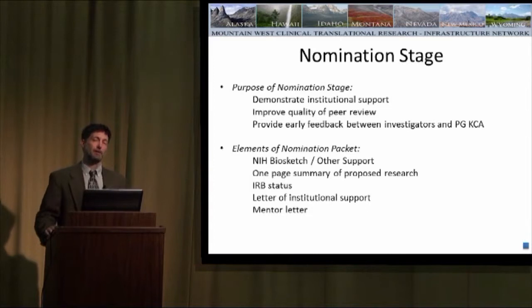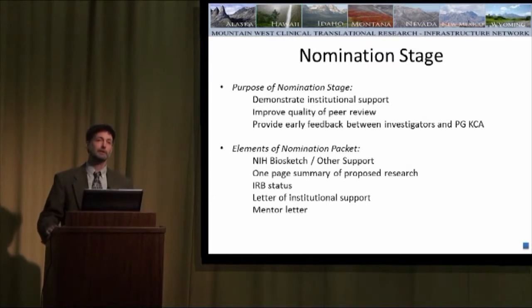So a little bit more on this nomination stage, which, as I said, is sort of a newly introduced part of our program. And the purpose of having this nomination from each institution is to support a couple of goals. One is as a way of demonstrating institutional support of the investigators that are put forward for nomination or consideration.